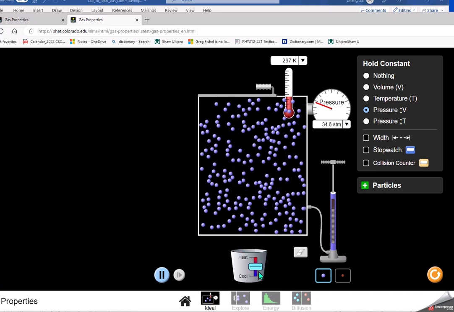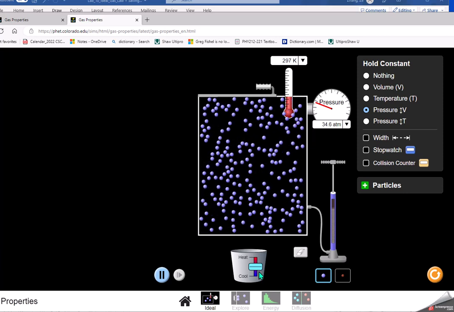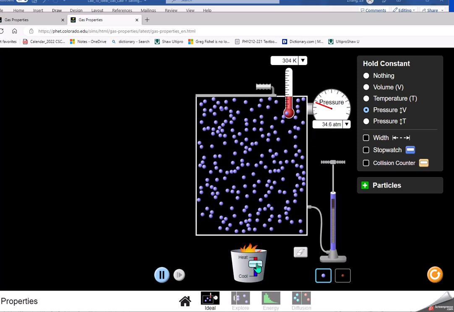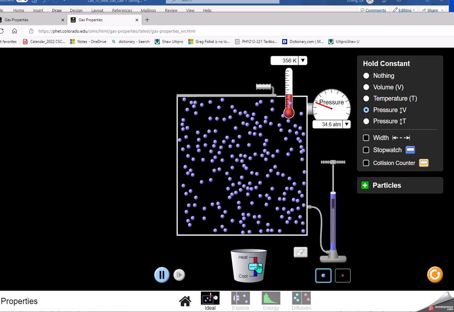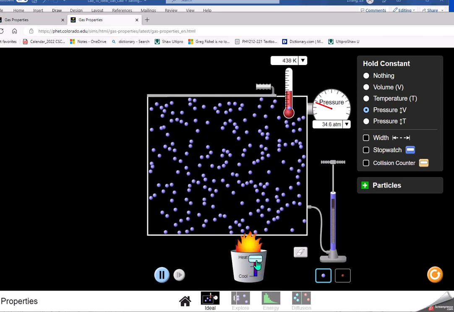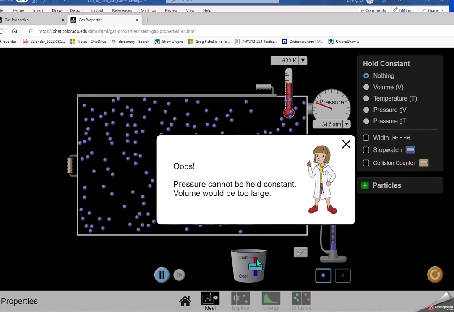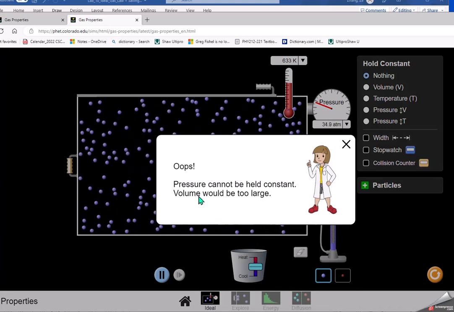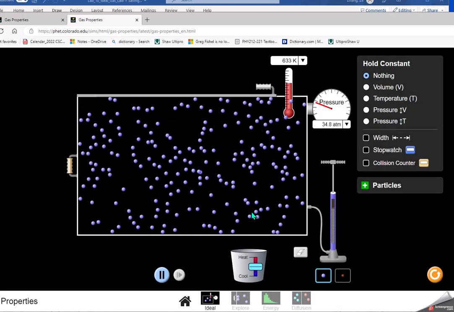I think you're used to the other way around. When it's the same pressure but you're hotter, you need more volume. Hotter, more volume. Pressure cannot be held constant anymore once the volume is large, but that's just a limitation of this software.